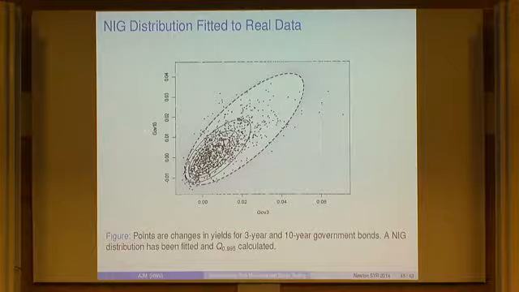It's the 3-year government bond and the 10-year government bond, so a time series of yields for these maturities is then differenced to get changes in yields, and you get this point cloud here. There are some positive and negative changes, but obviously this distribution is clearly very skewed.